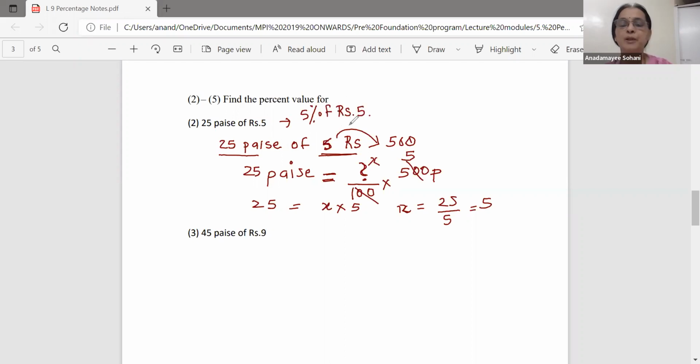So if I make 5 rupees, that is 500 paise, into 100 parts, each part will be of 5 paise, and I will need to take 5 such parts to make 25 paise. So it will be 5% of rupees 5.